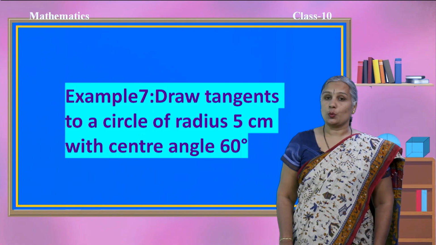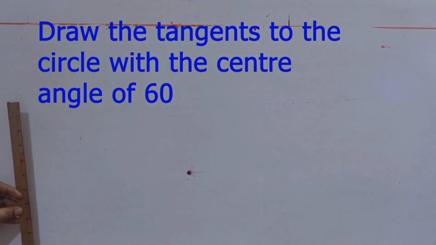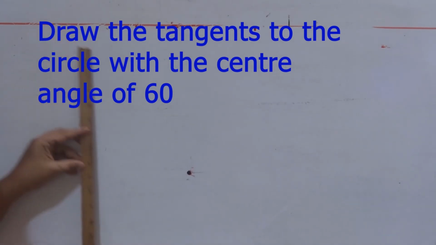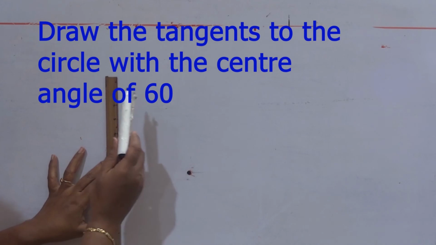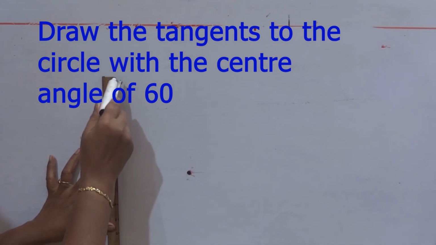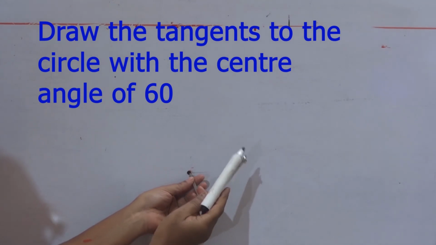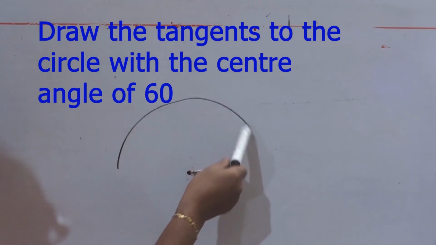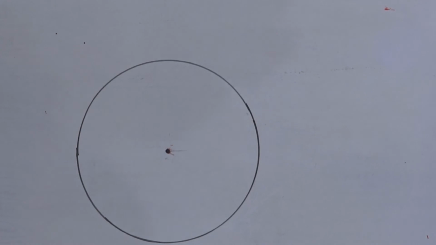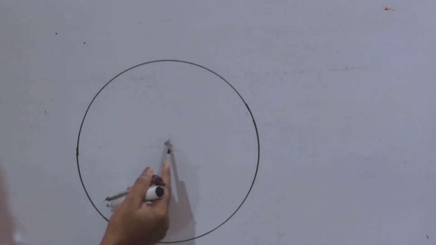Let us do. To do this construction, first we have to draw a circle of radius 5 cm. For this, let me take the radius 5 cm and draw a circle of radius 5 cm. Now we have center angle 60 degree. It means we have to make an angle 60 degree.